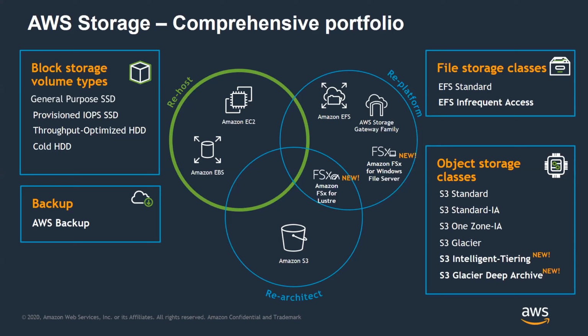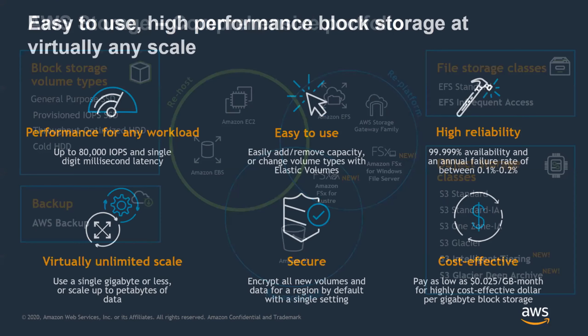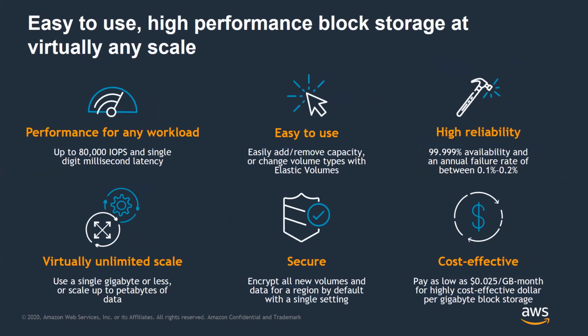I'm going to talk more about EBS because from a database perspective, that's pretty much what people use for high-end database workloads. Right now, we have a way in which you can provision performance in IO, right?